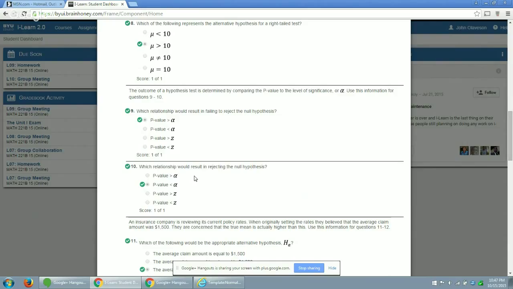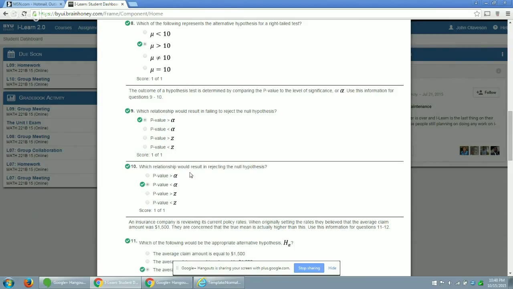When we say we're failing to reject the null hypothesis, our p-value is the determining factor. If that p-value is greater than alpha, then we fail to reject. If it's less than that, then we reject the null hypothesis. So the answer to this is that one right there.